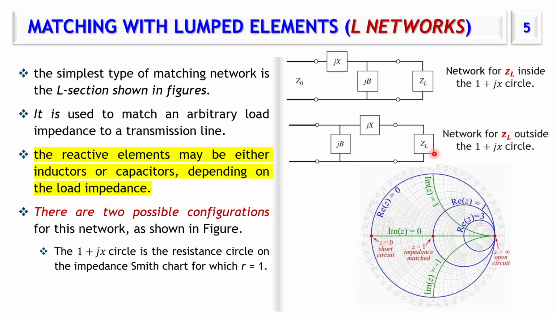If the load is outside this circle, it means that the real part of the relative load impedance is less than or equal to 1. So outside here we have type 2, which is shunt series. Inside here we have the first type, which is series shunt.